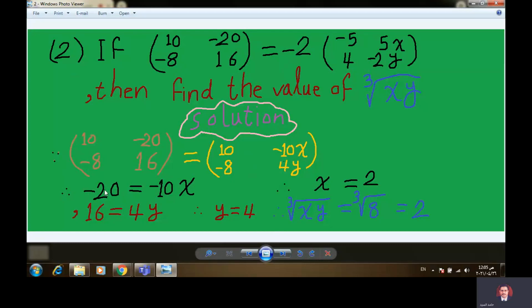Therefore, negative 20 equal negative 10x. Therefore, x equal 2. 16 equal 4y. Therefore, y equal 4. Therefore, the cubic root of xy equal the cubic root of 8. This equal 2.